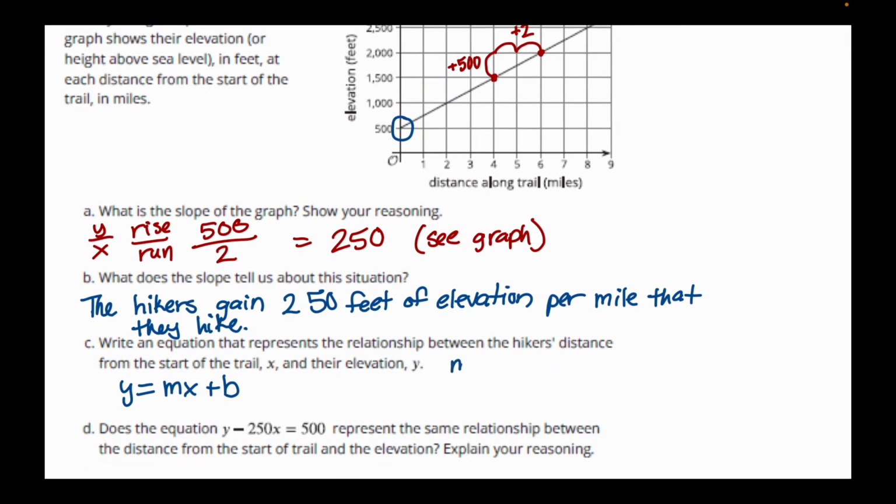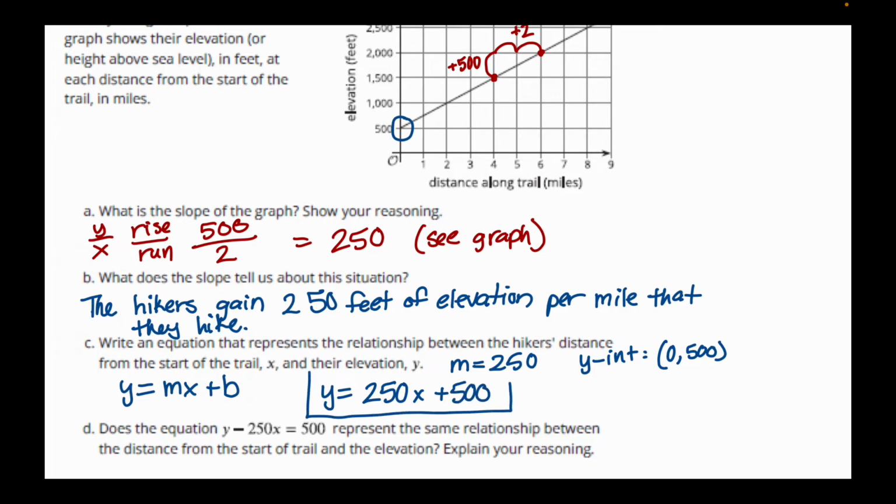So m was 250, and the y-intercept is 0, 500. We're just going to use the 500 part of that. So we'll say y is equal to 250x plus 500.